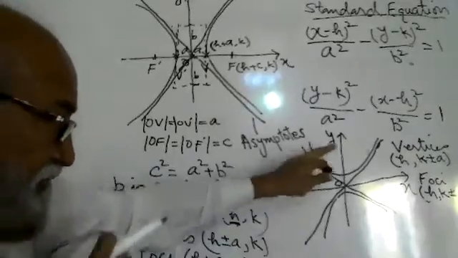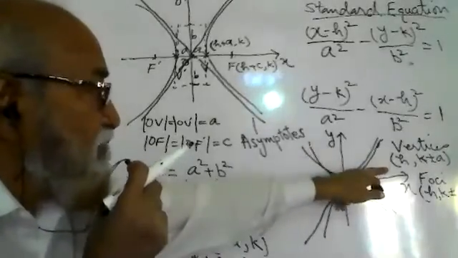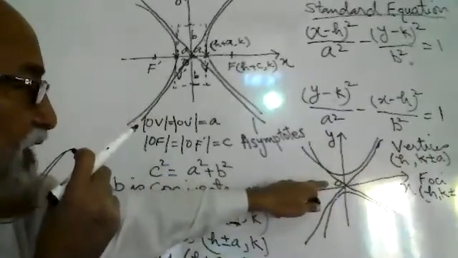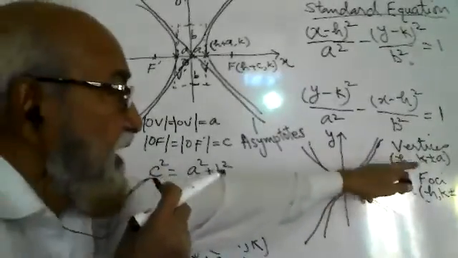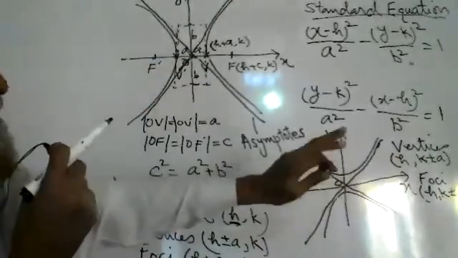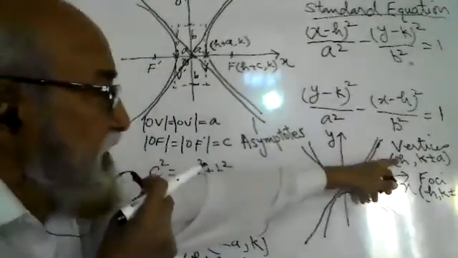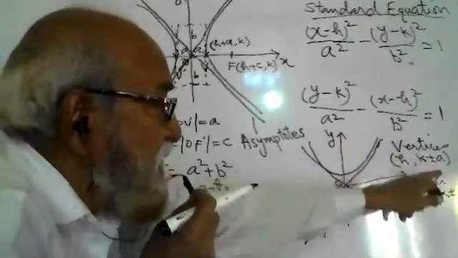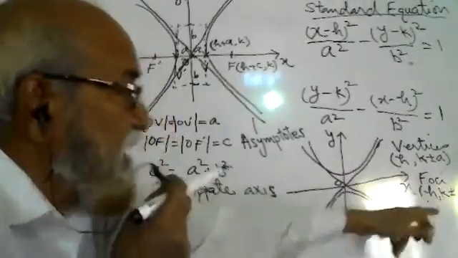So in this case, h and k are the center point. If the center is 0, 0, then h and k are 0. So it will be 0 comma plus minus a and 0 comma plus minus c.